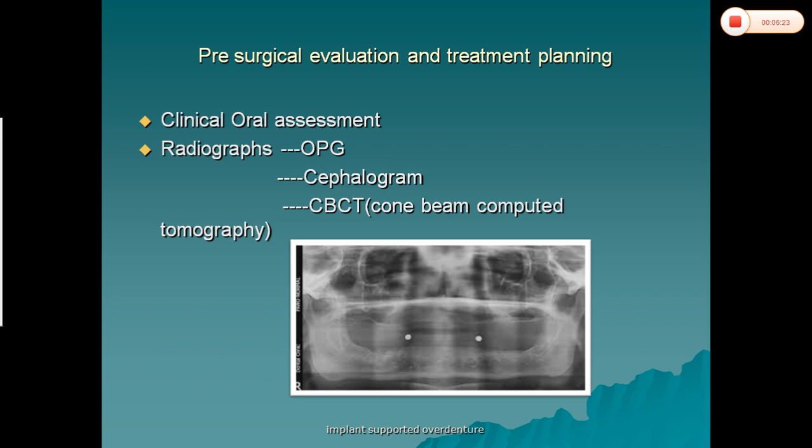But recently, CBCT, or cone beam computed tomography, is being used for implant patients to know the quality and quantity of bone. You might have come across CT scans. In a CT scan, if they want to see any part, let it be spine or head, they will do sectioning in the images.